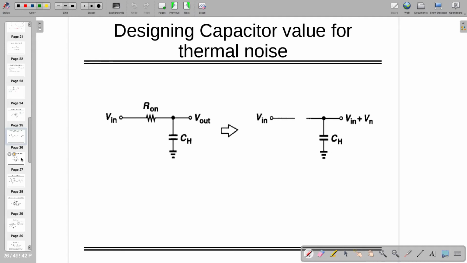Now you might be looking at various things. Those things are thermal noise.